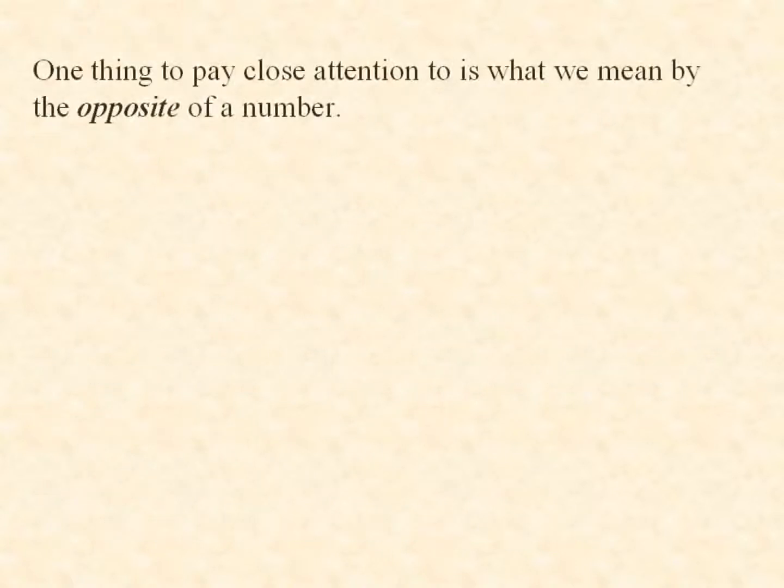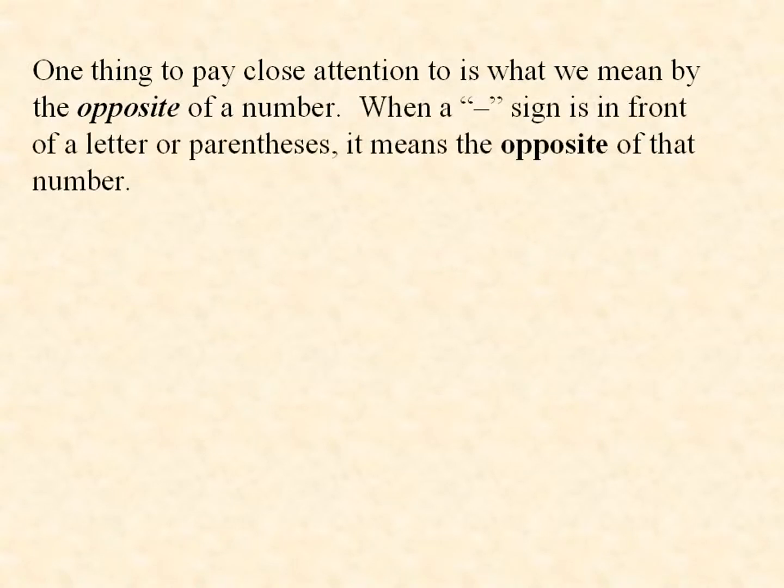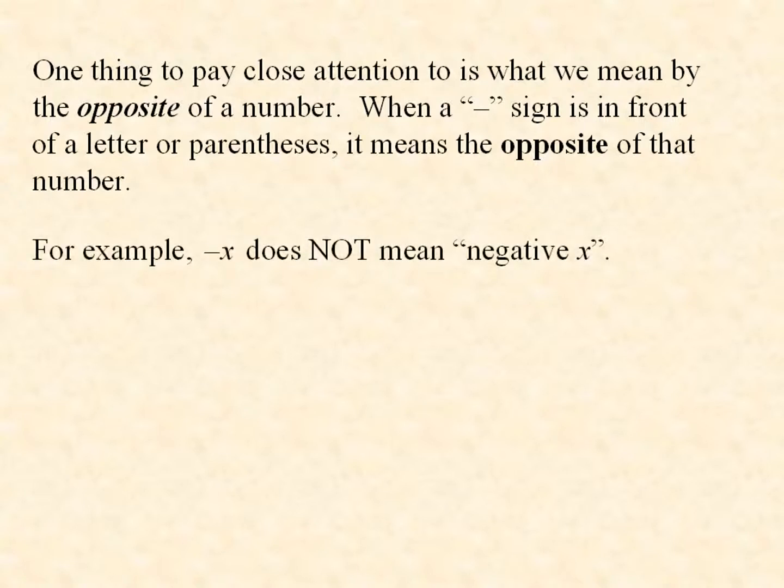One thing to pay close attention to is what we mean by the opposite of a number. When a minus sign is in front of a letter or parentheses, it means the opposite of that number. For example, minus x does not mean negative x. Instead, minus x means the opposite of x.